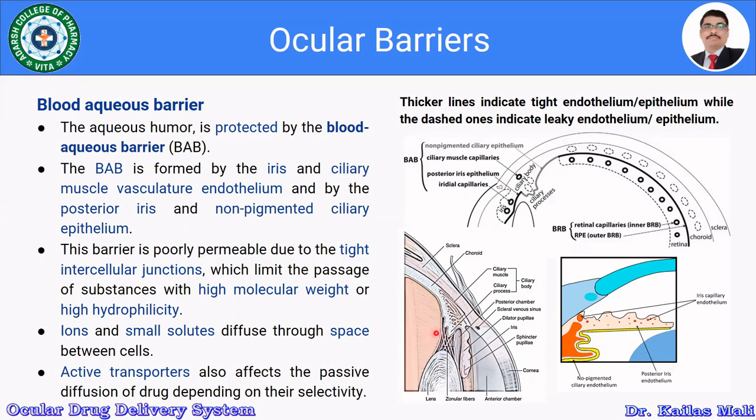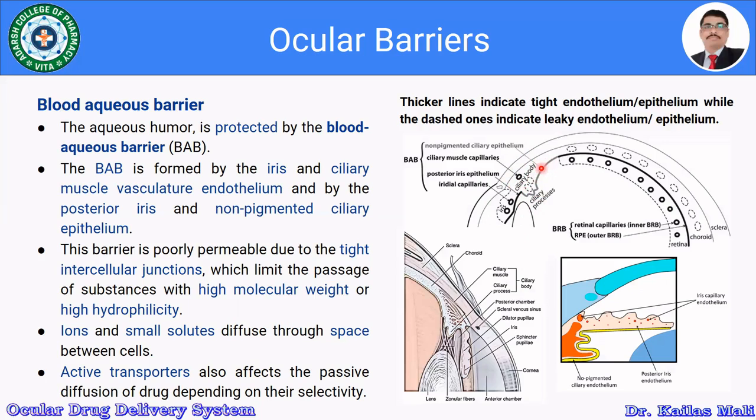So the BAB is formed by the iris, then the ciliary muscle vasculature endothelium, the posterior iris and the non-pigmented ciliary epithelium. So here, look at the figure. Here is the ciliary process. This is the ciliary body.